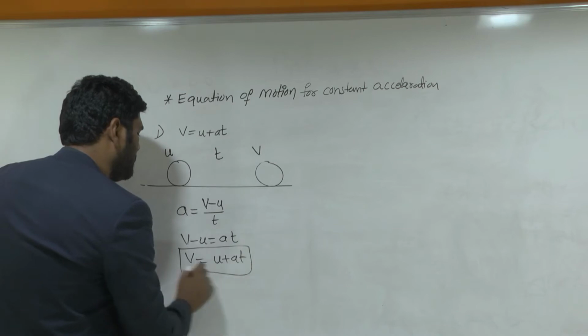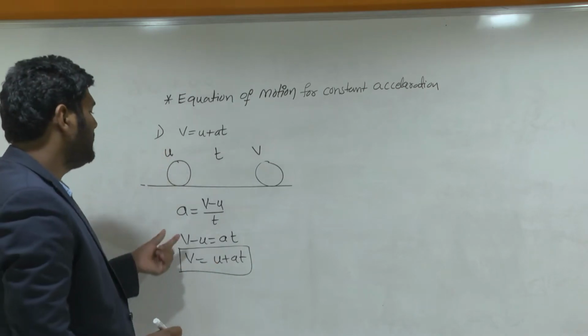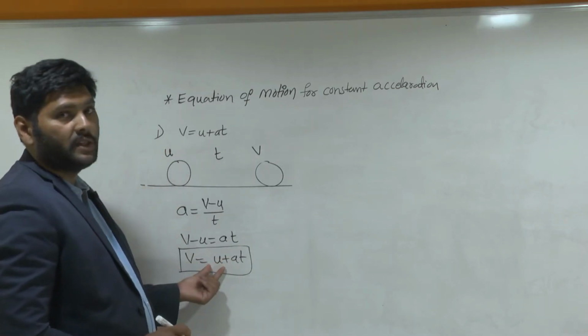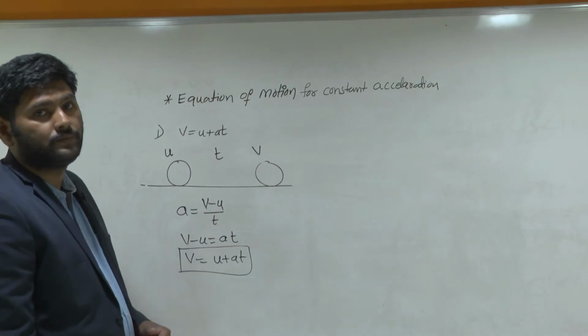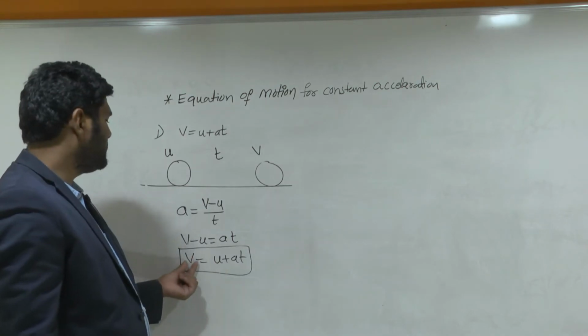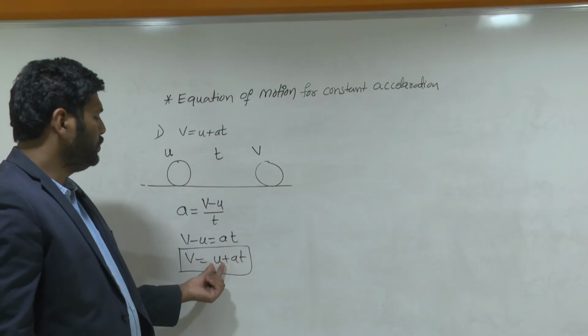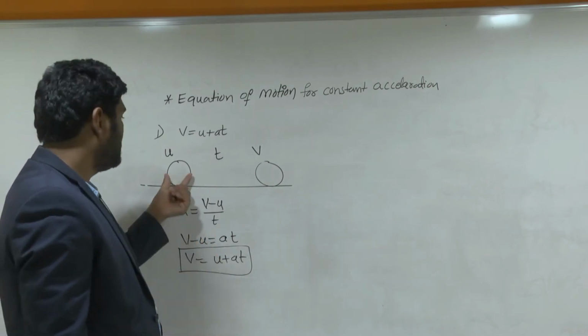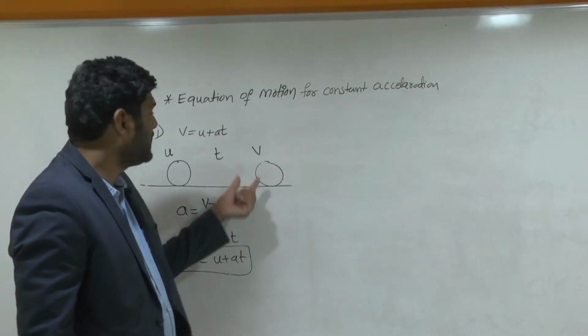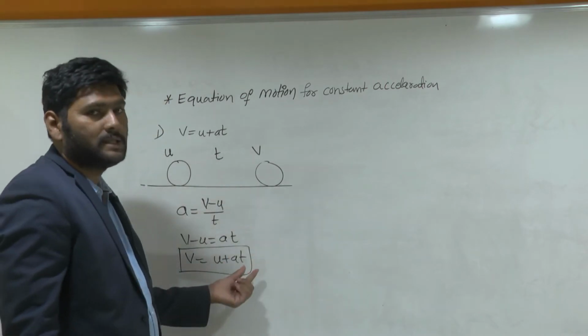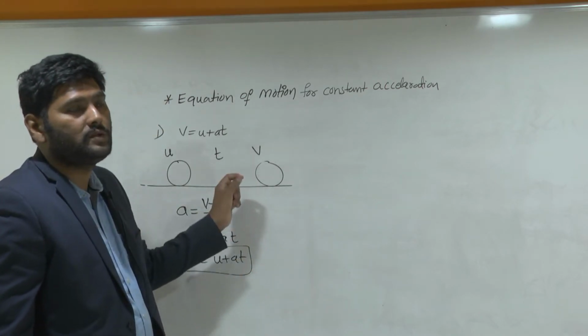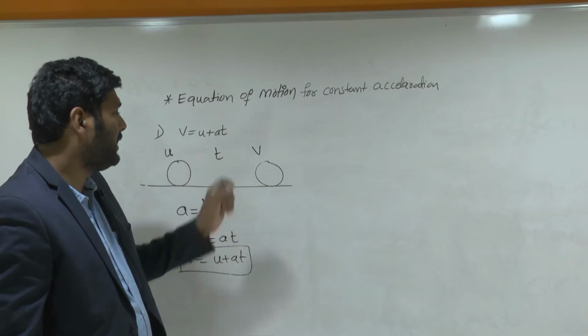So this is your velocity after time t when it starts with the initial velocity u. Here V is the velocity after time t, U is the initial velocity, A is the acceleration of the object, and t is the time.